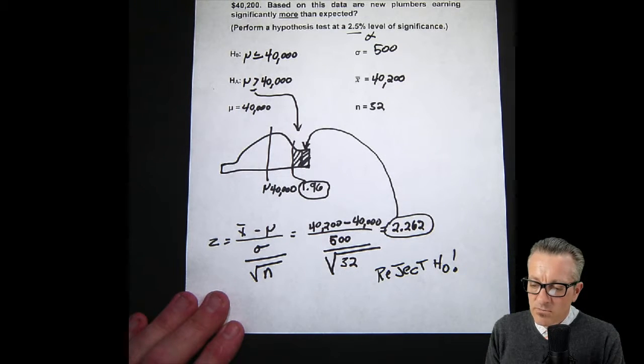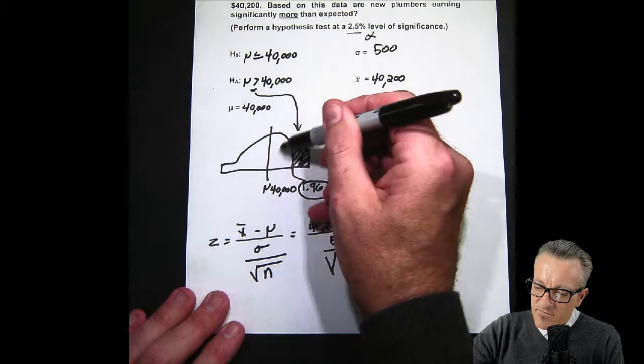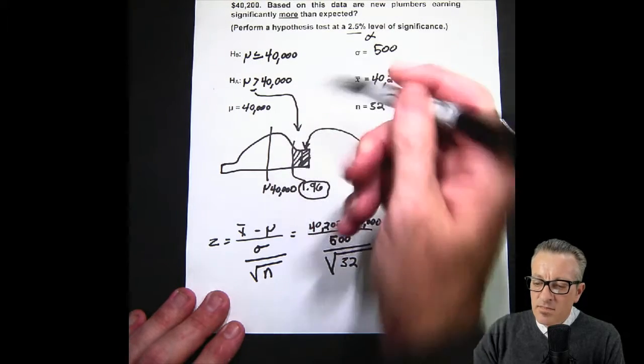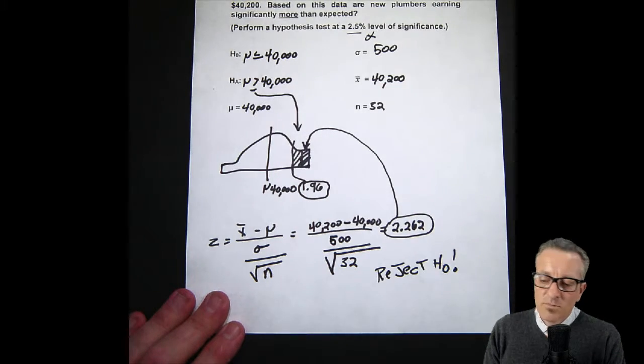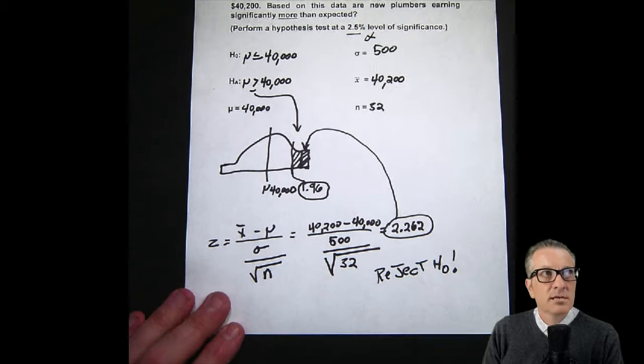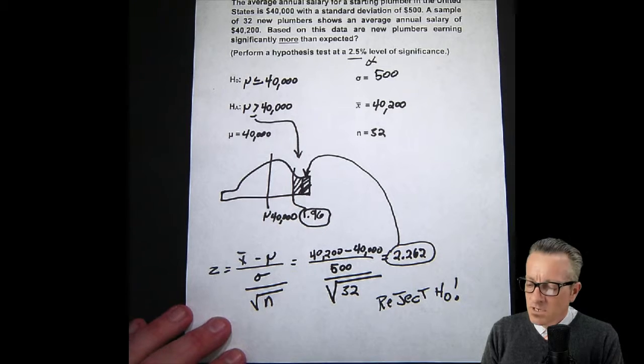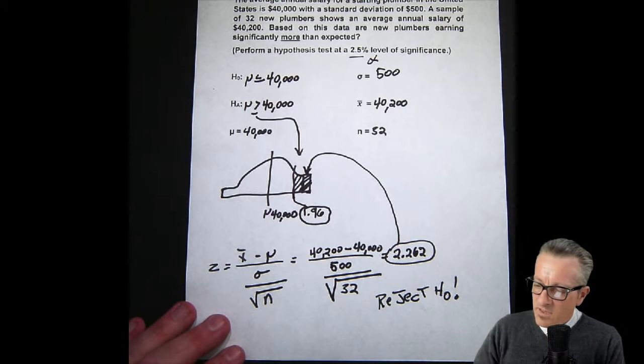So in this case, we would reject the null hypothesis, and then we want to keep doing tests to see if it's actually true. If our value was inside of this non-shaded area, then we would do not reject the null hypothesis, which would make us think that the status quo is correct, which is plumbers in the United States are making $40,000.